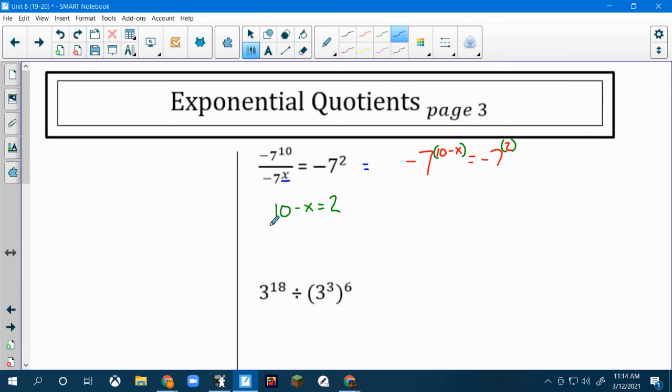We need to get rid of this 10, so we're going to subtract 10 here. We're left with negative x equals negative 8. Can't have a negative x, so we have to divide both sides by negative 1 and flip the sign. So we're going to get x equals 8. What does x equal? It equals 8, because 10 minus 8 equals 2. That's it.